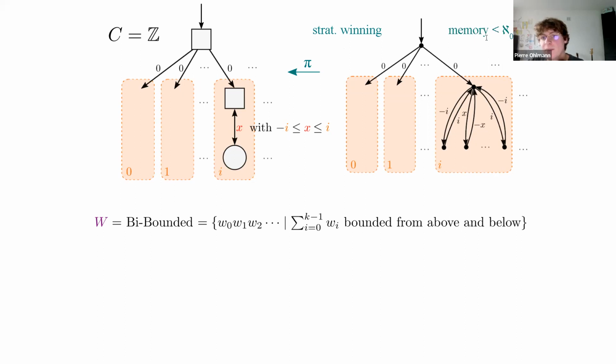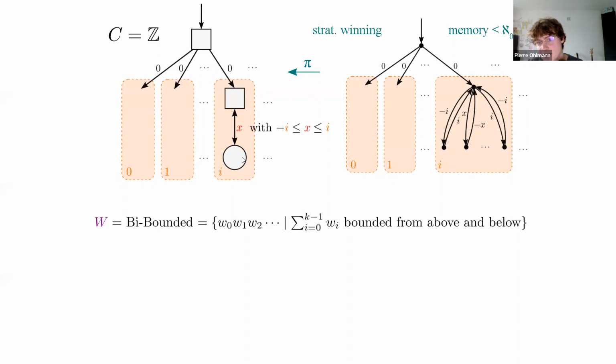But I want to mention this game because it has a special memory status, which I think is interesting. The memory is finite in the sense that each pre-image is finite. However, the memory is not bounded. It's finite but unbounded memory for this specific game graph.